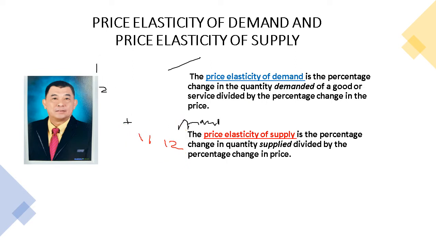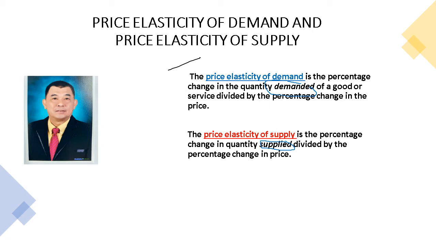Now let's go to price elasticity of supply. Price elasticity of supply is the percentage change in quantity supplied. The key here is the word demanded for demand, and this one is supplied, because you are talking of supply. This is the percentage change in quantity supplied divided by the percentage change in price.